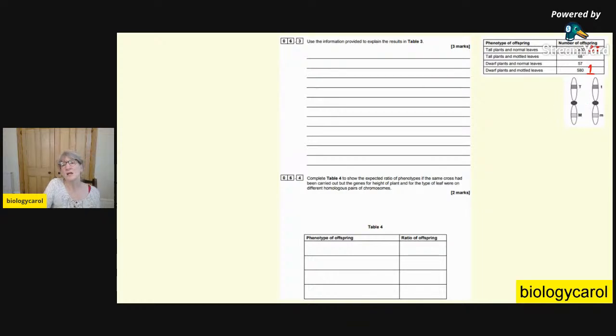But the question is why on earth did these, what I very technically call the in between mixy-uppy phenotypes, why did we get a silly small number of each of these? Well, that was because crossing over occurred. So you actually ended up with a few gametes that were little t and big M and big T, little m.